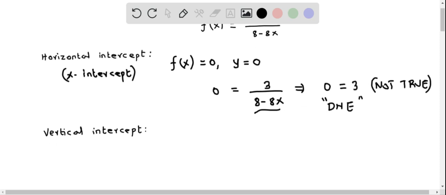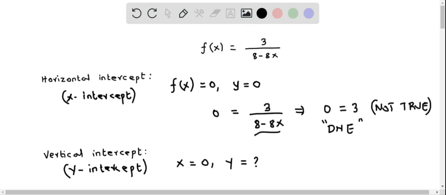Now let's determine the vertical intercept. This is otherwise known as the y-intercept, and this is a point on the graph of f of x where the graph intersects the y-axis. To find the y-intercept, we put x equal to 0 and solve for y. So let's do that.